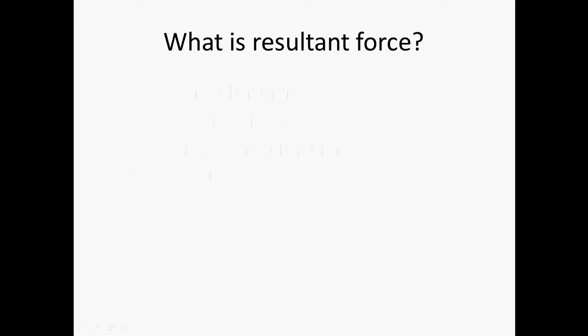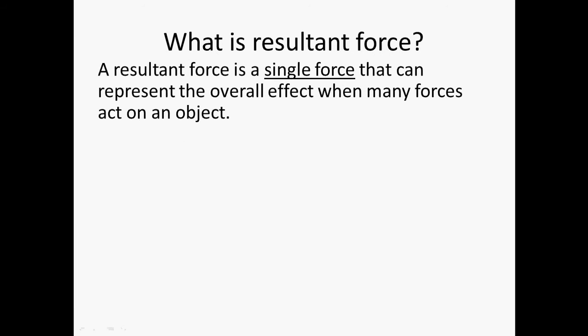What is resultant force? This is how I'll define it: it is a single force that can represent the overall effect when many forces act on an object. Let's say we have a very simple case where the forces are parallel to each other.